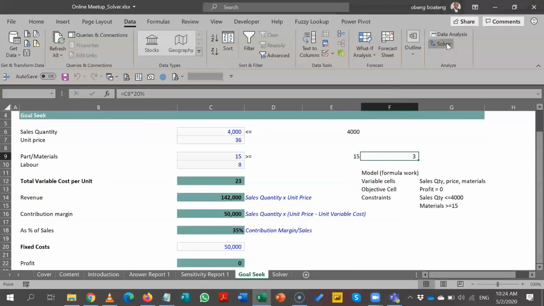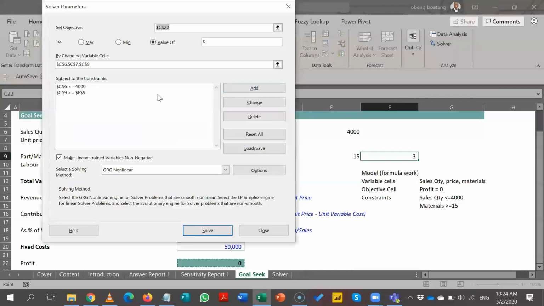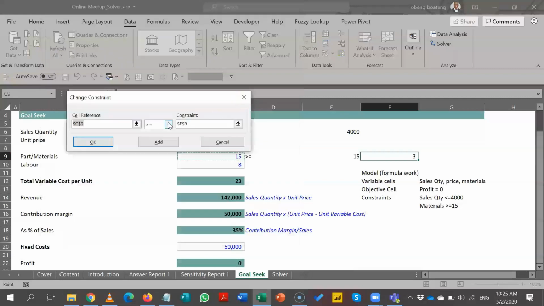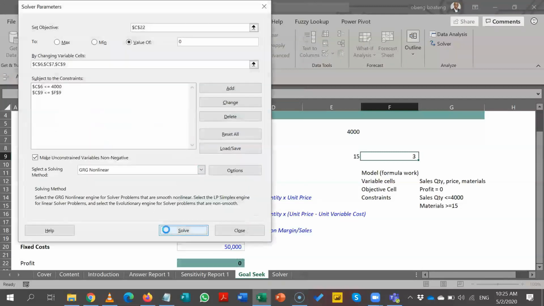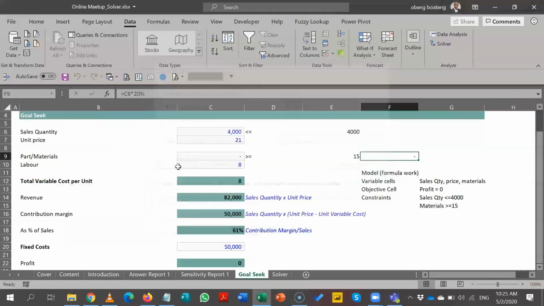Did I choose greater than or less than? Let me choose less than and see. It's now saying we should sell at 21 cedis. So the equation is met because this is actually less than.